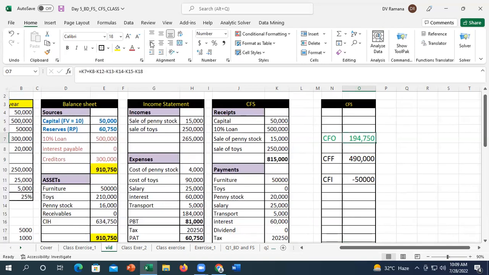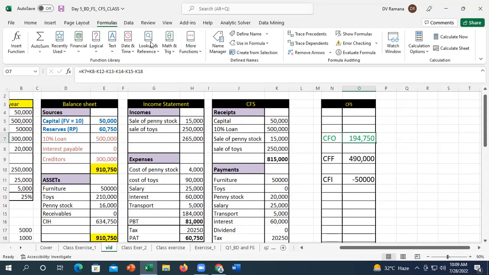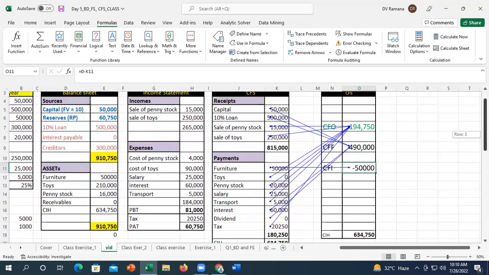But as I mentioned, the accounting standard is very particular that you need to classify all the receipts and all payments into financing, investment, and operating. But observe this, CFO is positive.